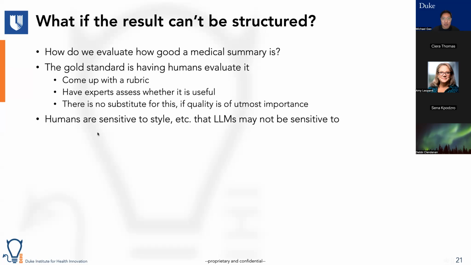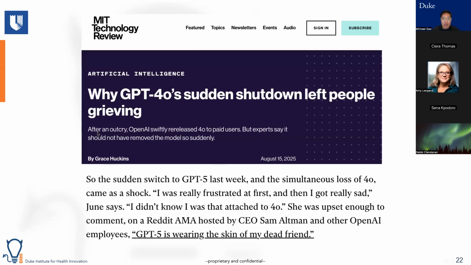I think it's very tempting to have large language models evaluate themselves, and we'll talk much more about that paradigm in the coming minutes. But ultimately, having a human in the loop is very important. And to illustrate how sensitive humans are to specific style things, when OpenAI deprecated GPT-4o, which was an older version of the model, in favor of GPT-5, there was a huge outcry among dedicated ChatGPT users.